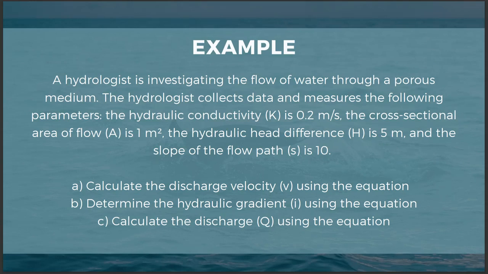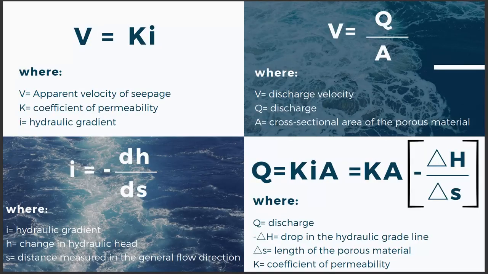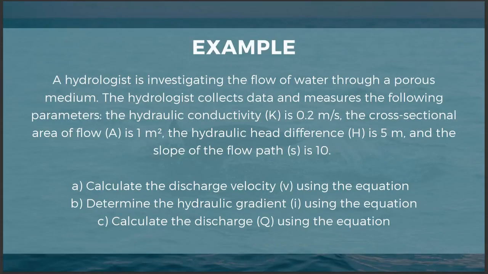What was given to us is the slope of the flow path. That is 10. So when you say slope, how do you get the length of the path given the slope?